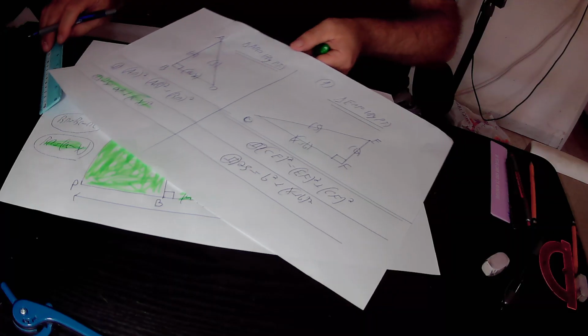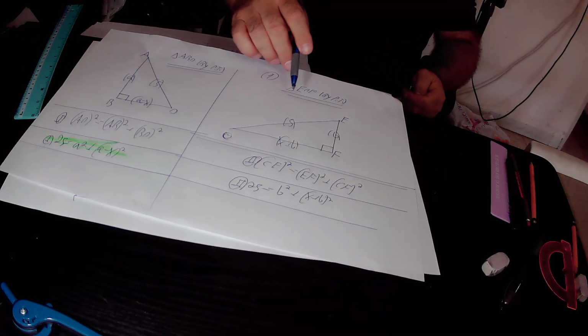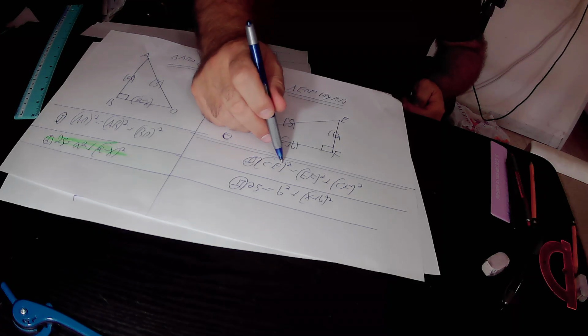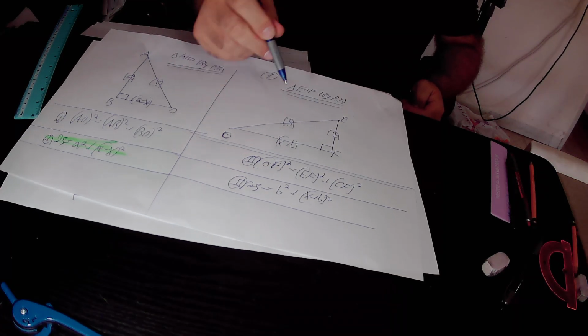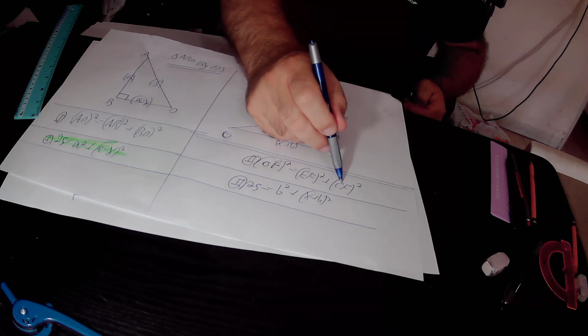So in this right triangle EOF, according to the Pythagoras theorem, OE squared, that is the square of the hypotenuse, equals EF square plus OF square.